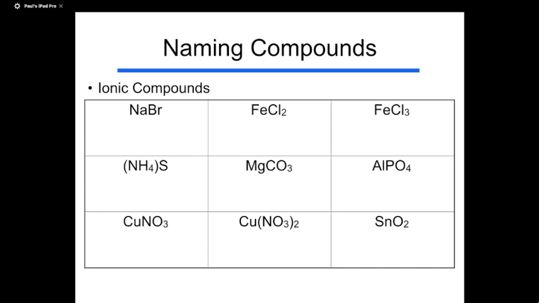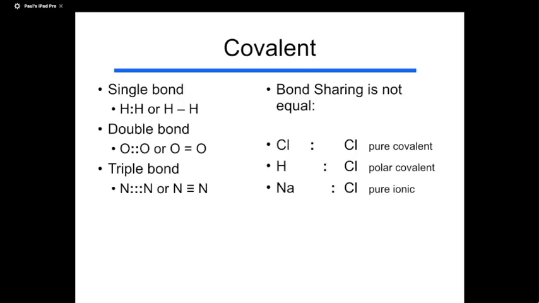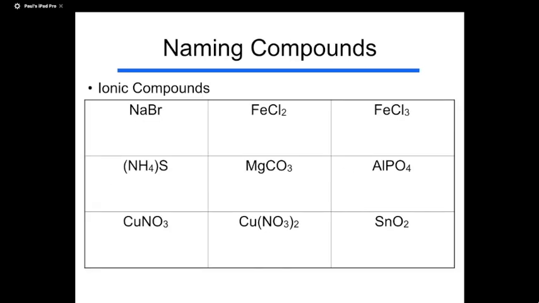And so I look at the front end and the first one. Sodium is a metal, and so the question is, is it in the transition or is it tin or lead? Is it in the block of transitions? No. I don't have to use a parentheses and Roman numeral. I just write its name.